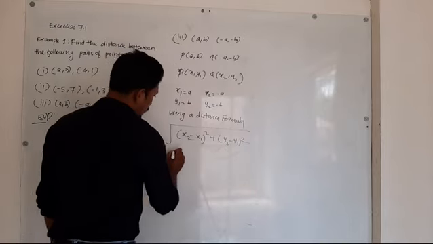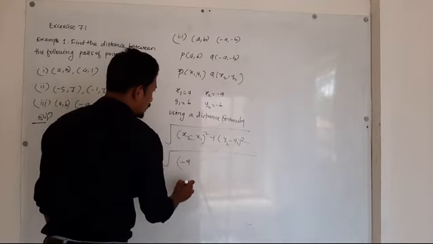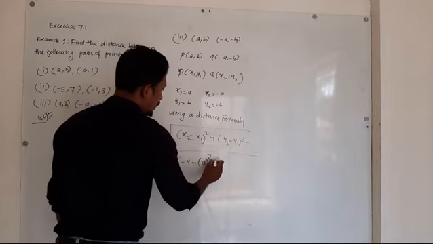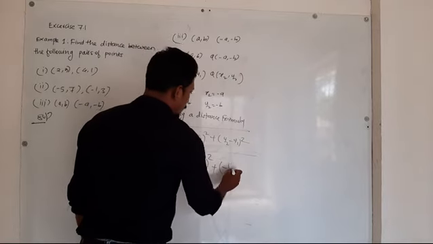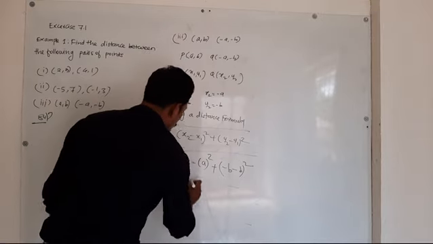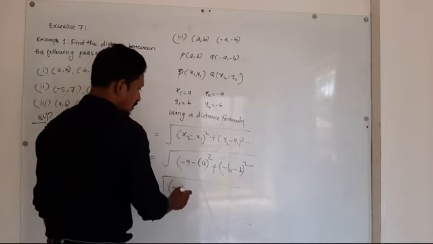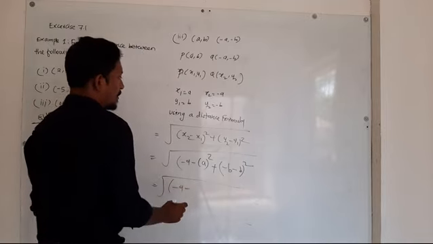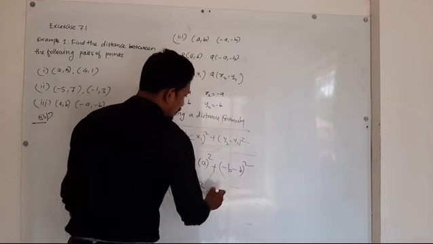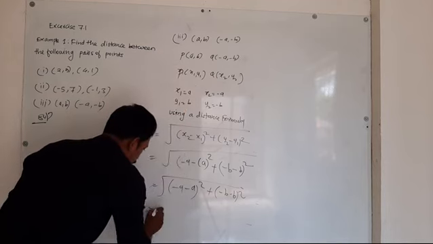That is x2 minus x1, that is minus a minus the value of x1, which is a, bracket squared, plus y2 minus y1, that is minus b minus b, bracket squared.